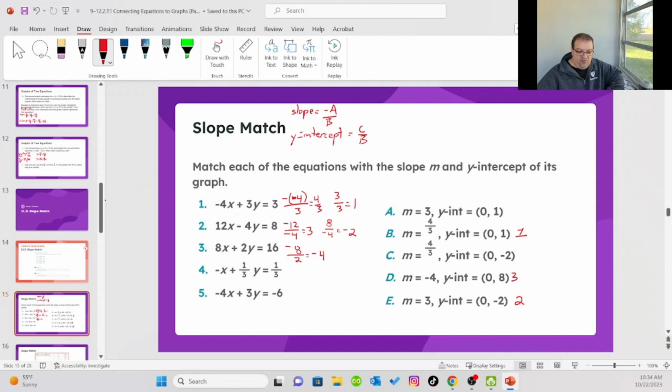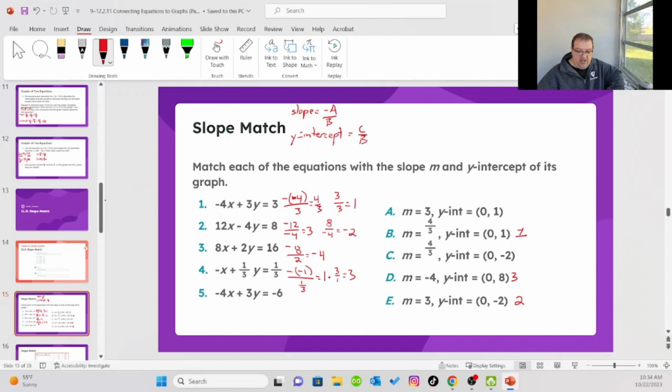If we look at number 4, we have a slope of negative 1 divided by 1/3. If I'm dividing by a fraction, then I'm multiplying by its reciprocal. Flip it upside down. Negative 1 becomes positive 1 times 3/1 equals 3.